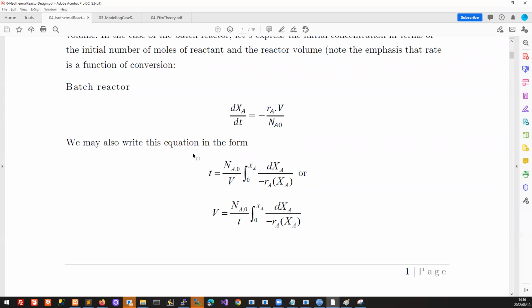Or another way to look at this is to say, well, what if I have a fixed amount of time? Let's say I want to cycle my reactor every 1 hour, then I can solve for the volume. Then that tells me how big my reactor must be for me to achieve that conversion X within time T. So that is the volume I need in the case of the batch reactor.